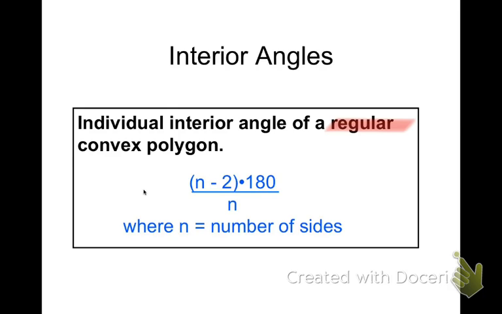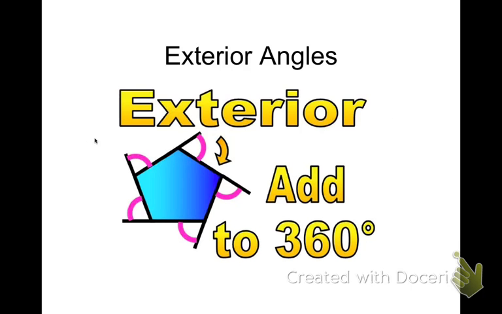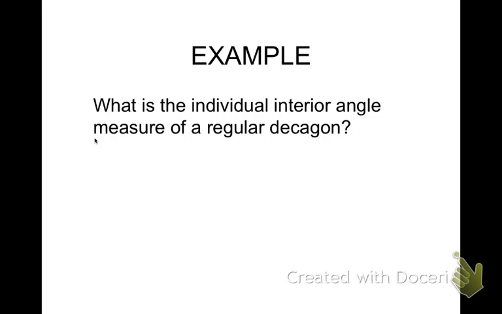Okay? All right, so let's do this example on the bottom. What is the individual interior angle measure of a regular decagon? So a decagon has how many sides? So n is equal to 10.